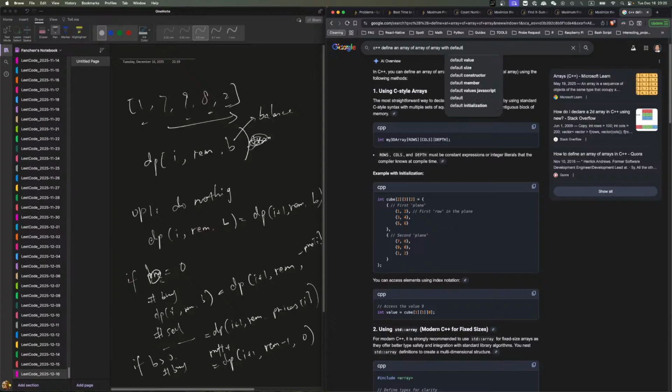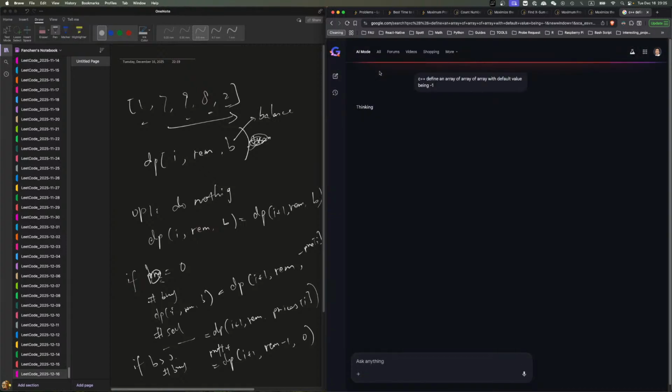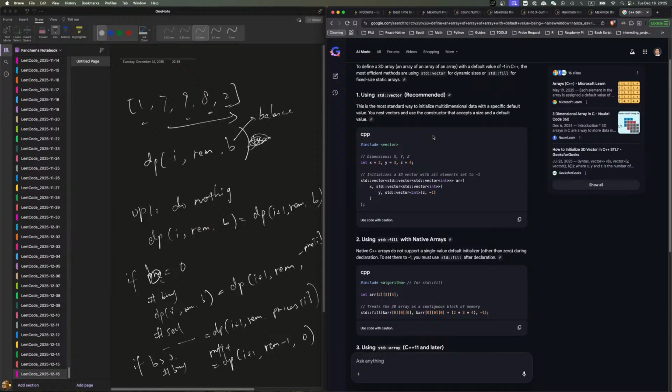With default value be -1. Okay, I'll try this.